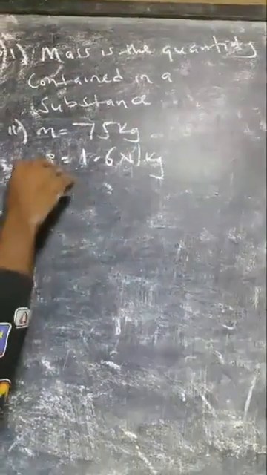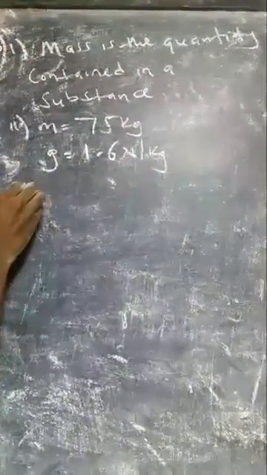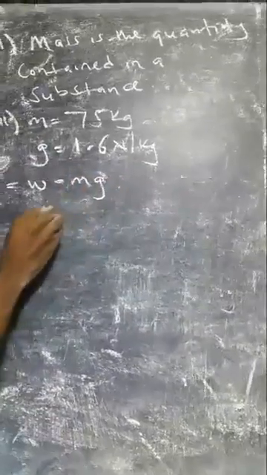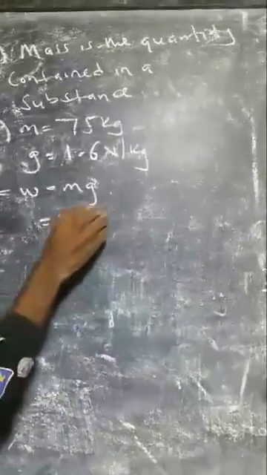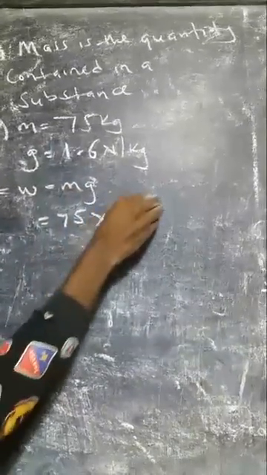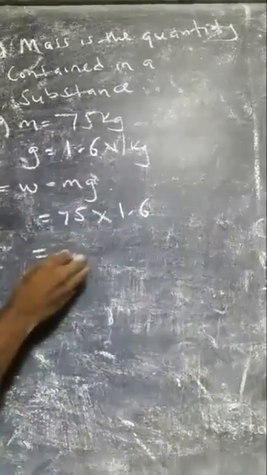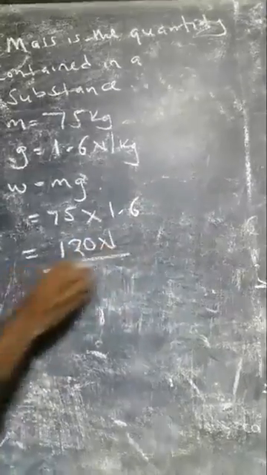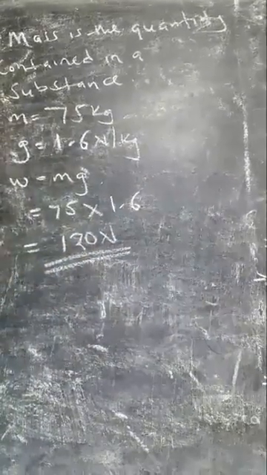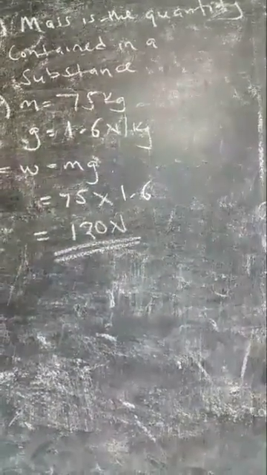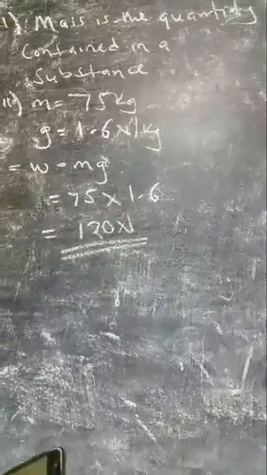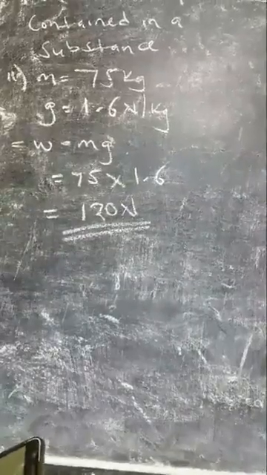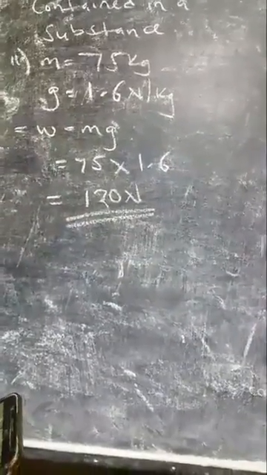We have different g's for all planets. So what do we know? Weight is equal to mg. Our mass is 75, multiplied by our g, which is 1.6. Therefore 75 by 1.6, that's 120 newtons. That is your weight, 120 newtons.